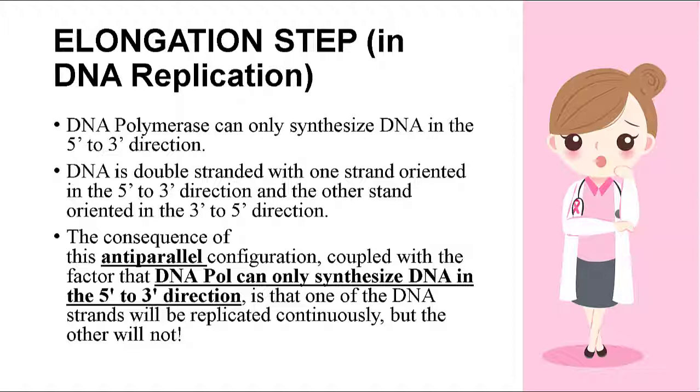The consequence of this anti-parallel configuration, coupled with the fact that DNA polymerase can only synthesize DNA in the 5' to 3' direction, is that one of the DNA strands will be replicated continuously, but the other will not.